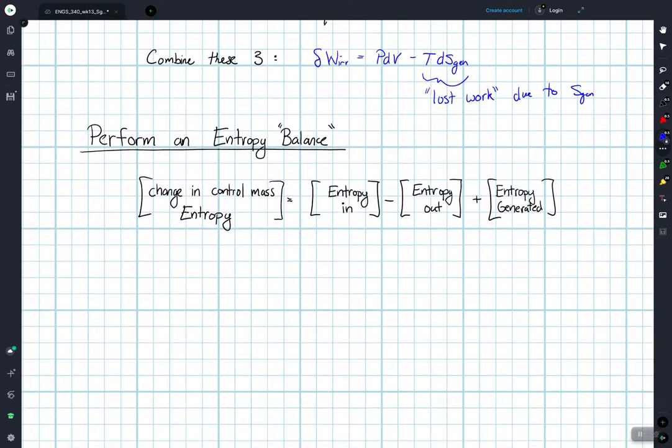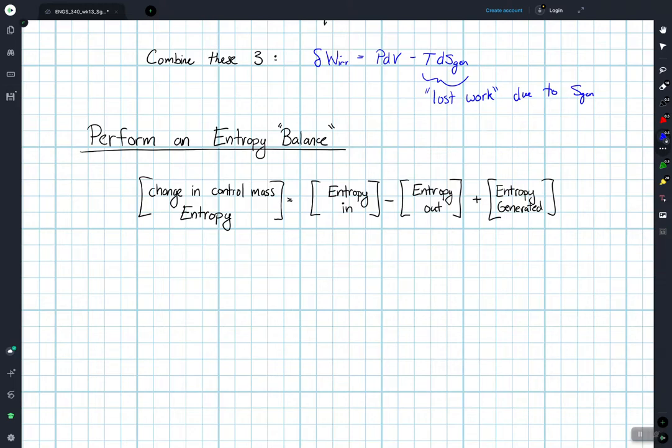Okay, so switching gears a little bit, we can think about performing an entropy balance using this equation. So this isn't exactly like an energy balance, but we're going to use kind of the same things.